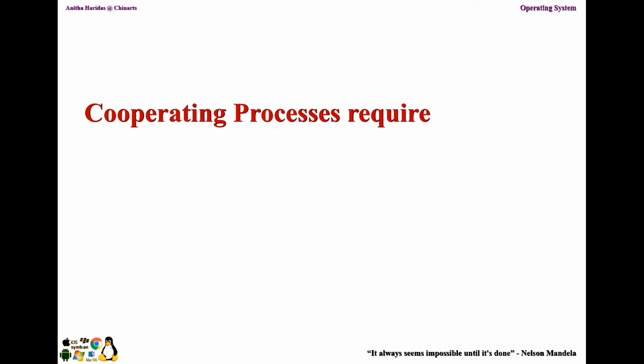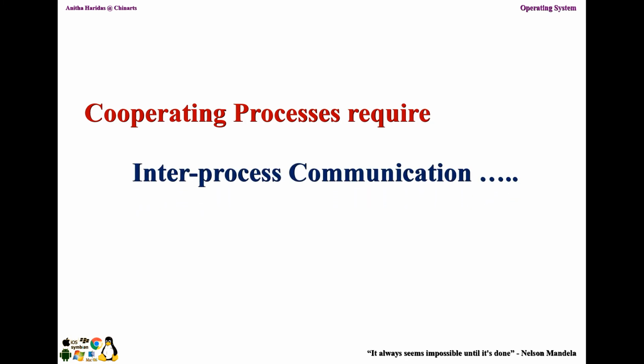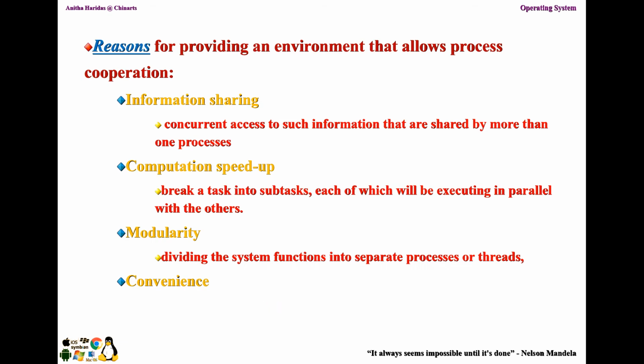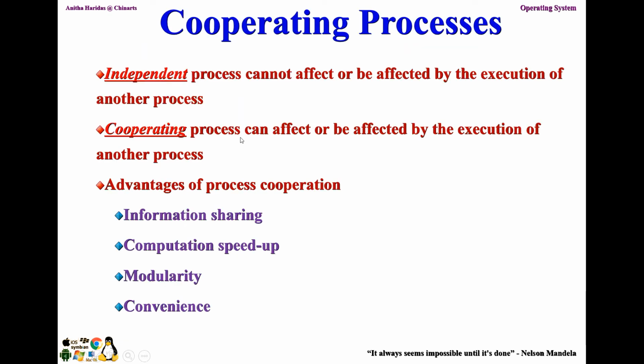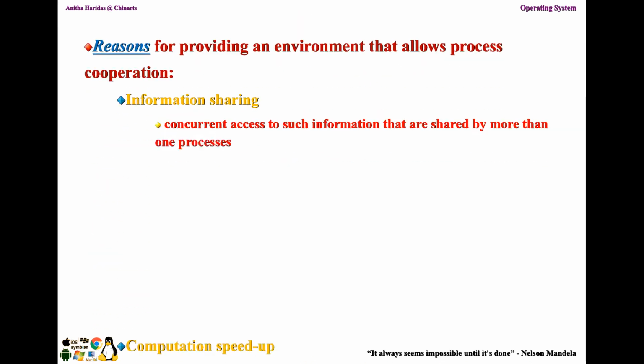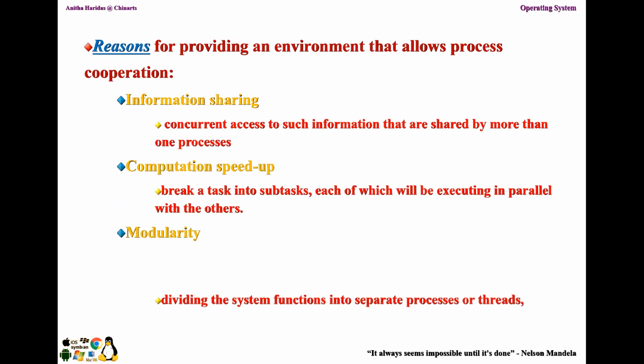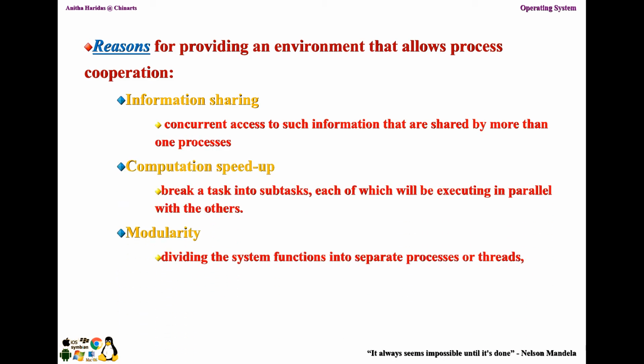If you want to have cooperating processes, then the cooperating processes require a mechanism called as interprocess communication. So I recollected, if you want to have cooperating processes, then these are the different advantages, and these advantages are the reasons to be specified for the cooperating processes.